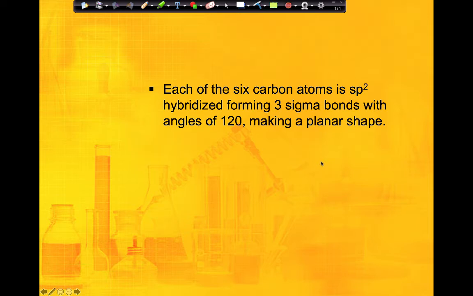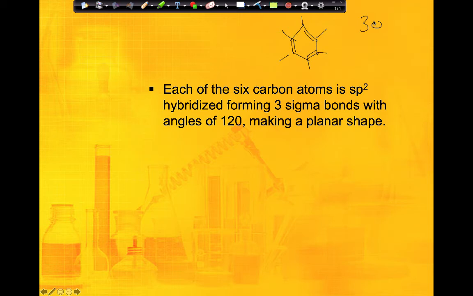Each of the 6 carbon atoms is going to be sp2 hybridized. So if we look at it, and I'm just going to keep drawing this over and over again, and we count the bonds, remember pi bonds are not hybridized. If I look around each carbon, and each one's the same, I have a sigma bond here, a sigma bond here, that's 2, and another sigma bond here, that's 3 places.